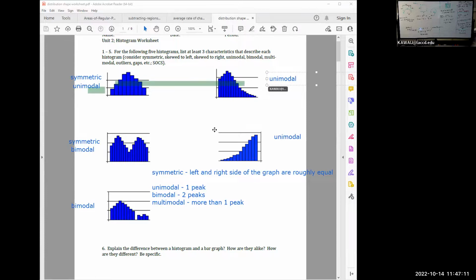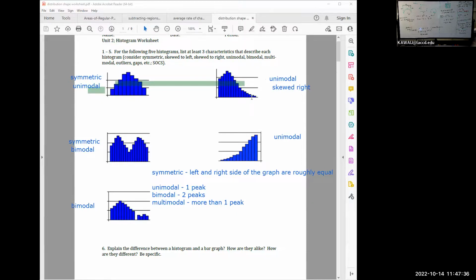Okay. Now, the other one that I think is really important that shows up a lot is skewed left and skewed right, because it works against your better judgment. Okay. This one here is skewed right. So I have most of my people on the left side.